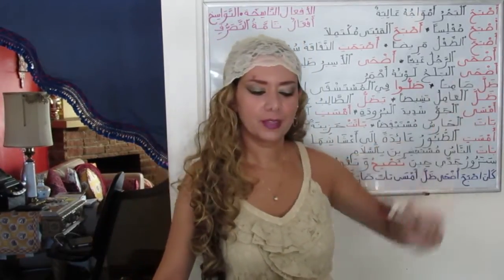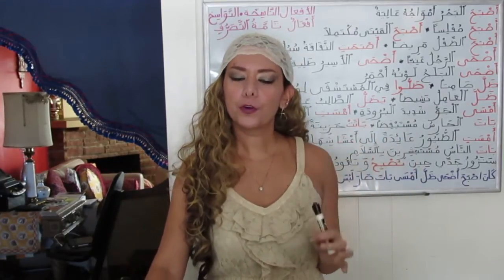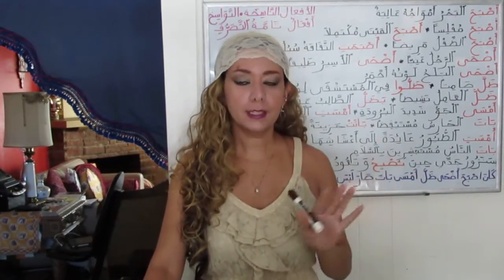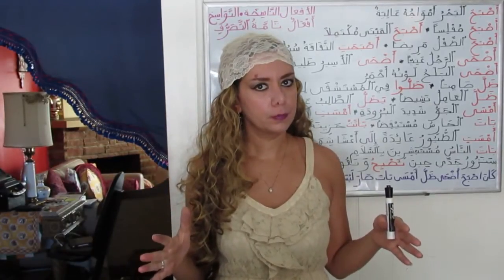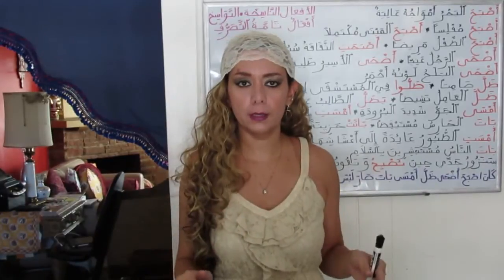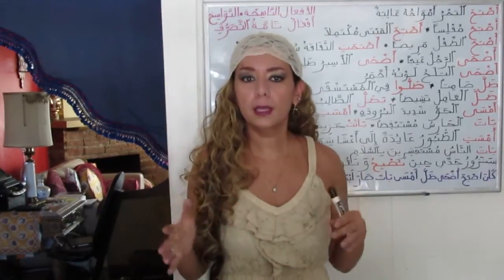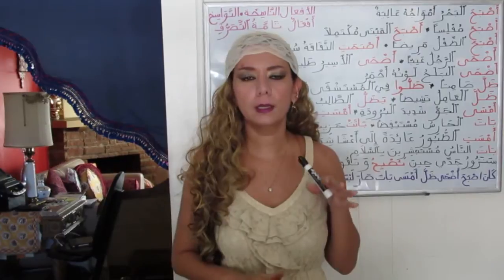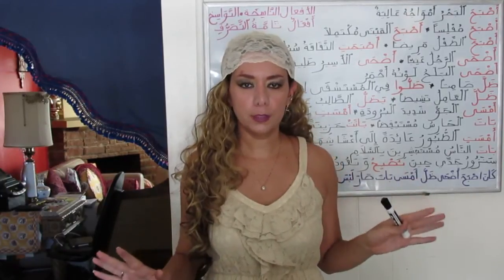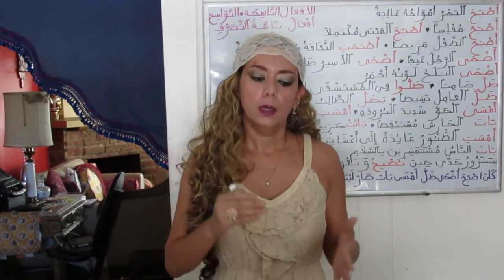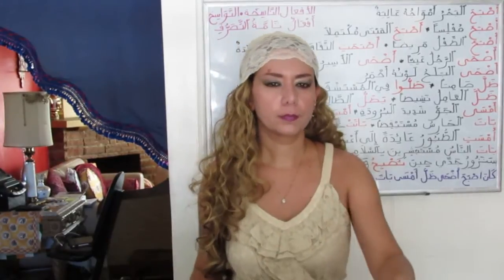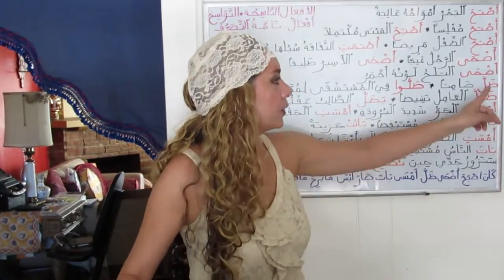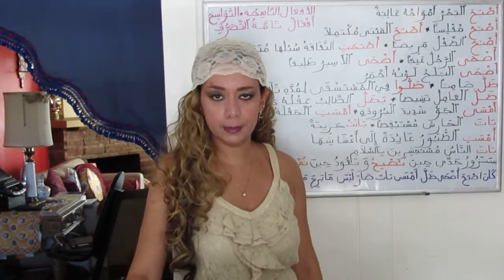ظل. This one. This verb refers to something that is happening during a certain period of time, which is not specified. It may be an hour, a day, during the morning, evening, nighttime. No specification. It comes with the meaning of to remain or to stay. For instance, ظل صامتا.